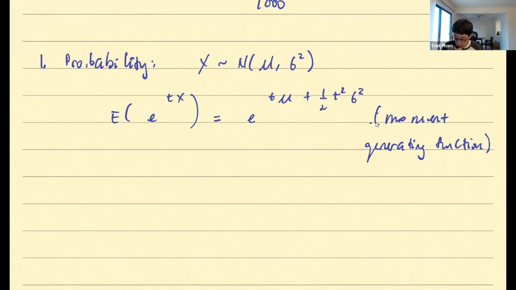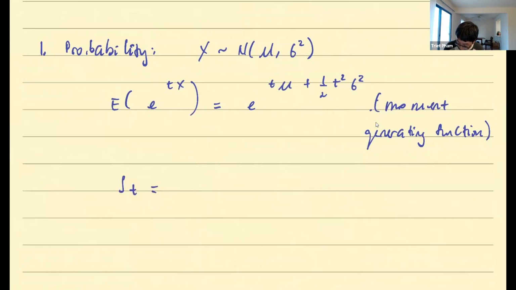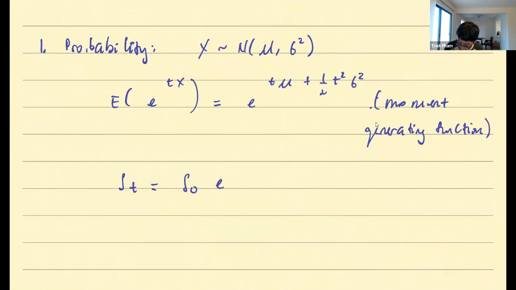By the way, because the stock price is like this, S_T, in terms of distribution, you can think of it as S0 e to the normal, with mean (mu minus 1/2 sigma squared) times T and variance sigma squared times T.